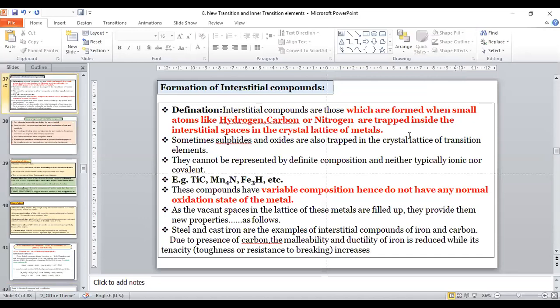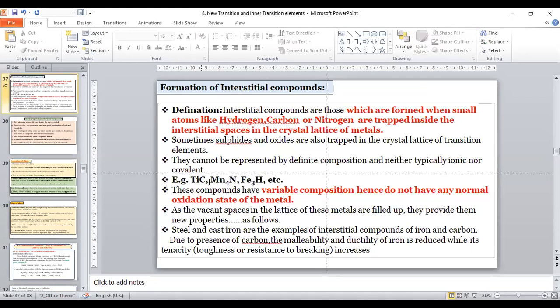Then the formation of interstitial compounds is asked as a short note for 2 marks, remember. Interstitial compounds means there is actually no bonding; carbon, nitrogen and hydrogen are trapped when the crystal lattice is formed, and such interstitial compounds are formed, like TiC and Mn4N.